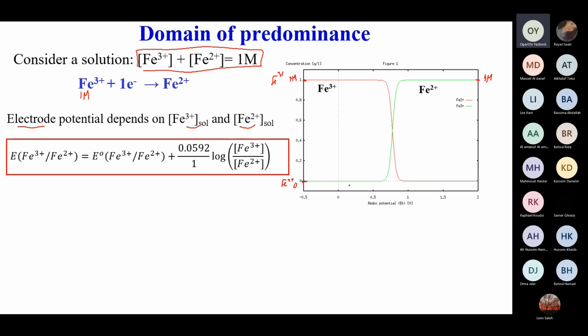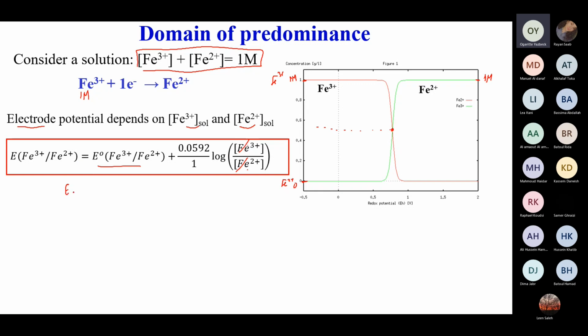As the reaction proceeds, the Fe3+ concentration starts to decrease while the Fe2+ concentration starts to increase until both are equal. And notice when these two are equal, the E becomes equal to E naught because the log value becomes log of 1, and log of 1 is 0.